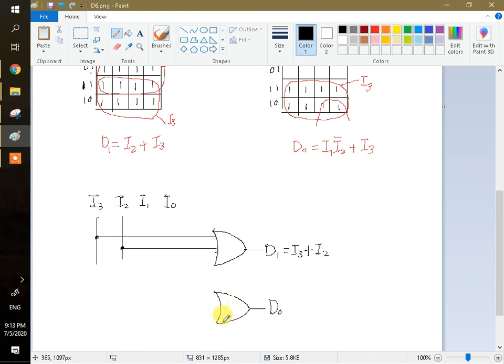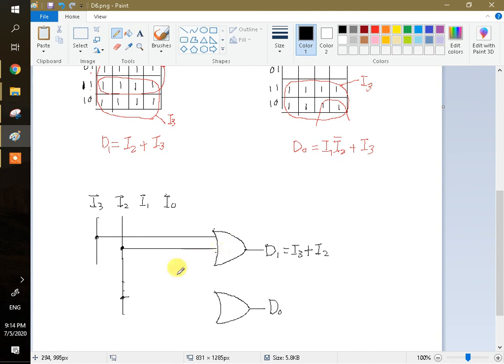So this one is slightly complicated. We need to do this one first. I want I2 first, and I2 must be bar. So to do this, I prefer to use AND gate first. I use AND gate. I use here I2. We need I2 bar.